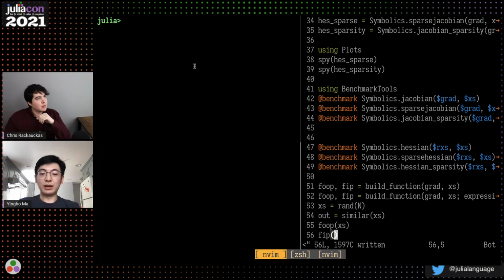Yep. So to evaluate the in-place function, first we need to allocate a vector that this function writes into, right? So that's going to be a vector that is similar to the input. And then we evaluate, let's name it AA, so we are not colliding variables.